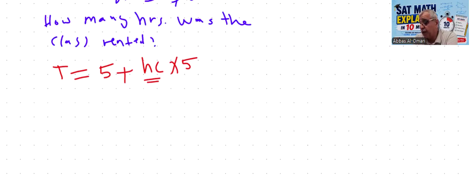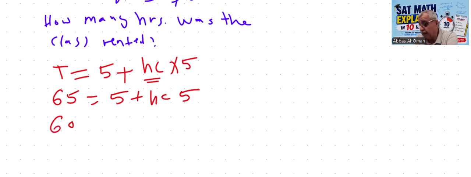This is given, equals 5 plus hourly cost by 5. So if we subtract 5 from both sides of the equation, we will have 60 equals 5 by the hourly cost.